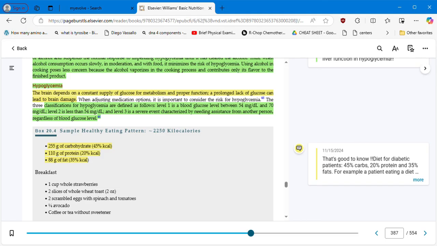For example, let me round the numbers. If a patient is eating a diet of 2,000 calories, I'm using these numbers instead of 2,250, a day, they must get 900 calories from carbs, which is equivalent to 45%, right?